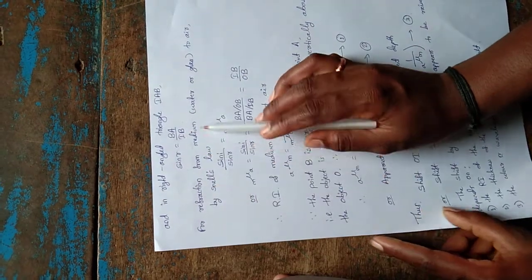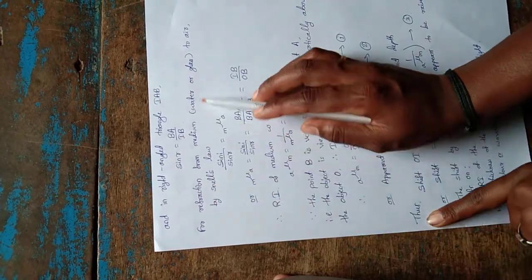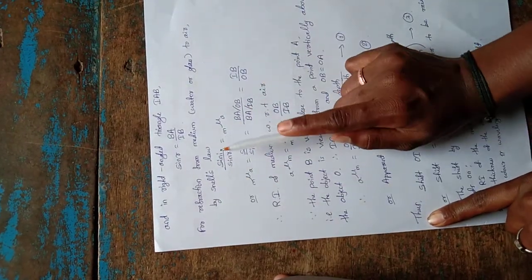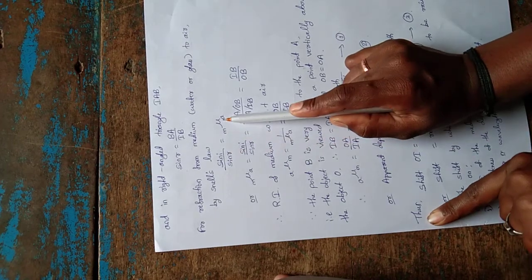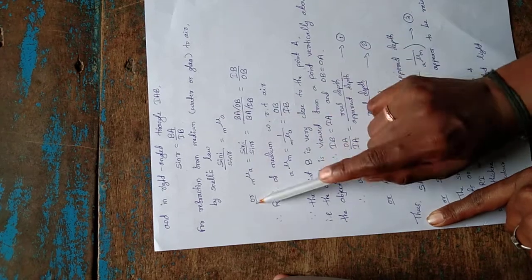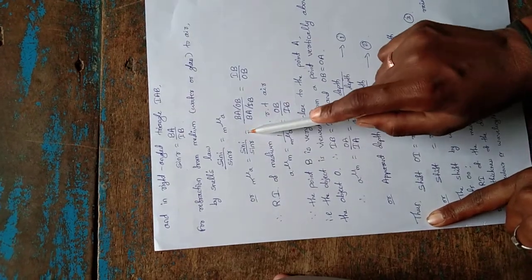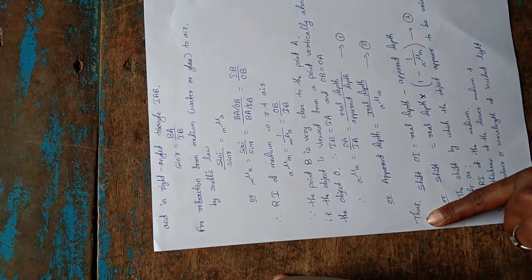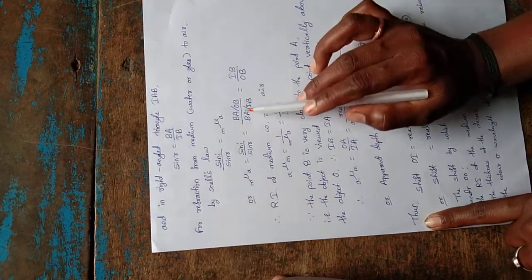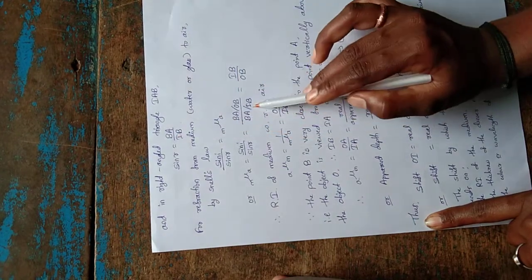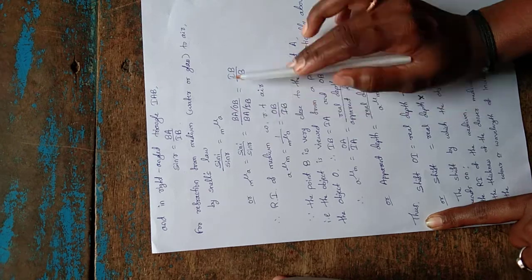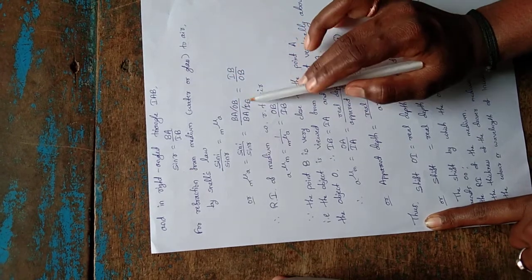For refraction from medium to air, by Snell's law, sin I by sin R is equal to refractive index mu MA, that is equal to sin I, which is BA by OB, as we studied in the last case, and sin R is BA by IB. BA gets cancelled, being a similar term, leaving IB divided by OB.